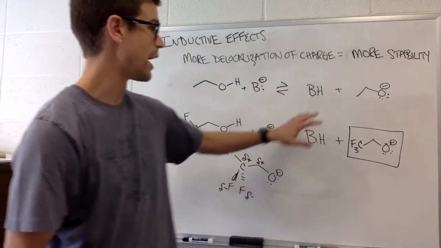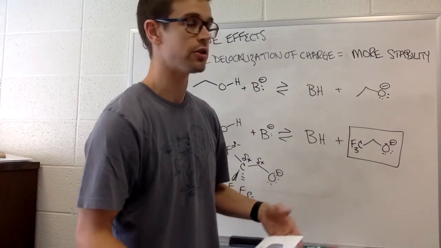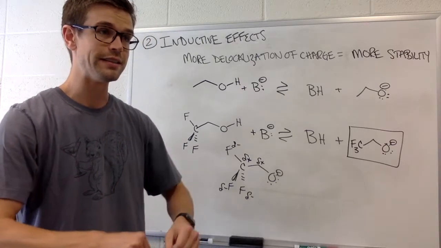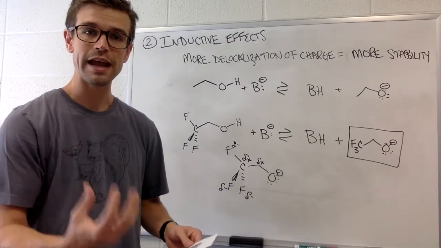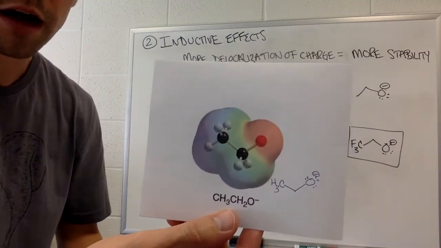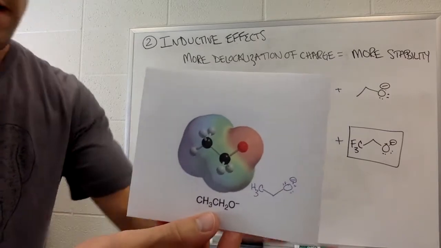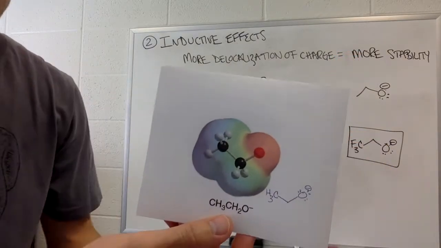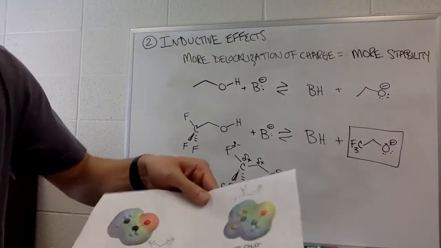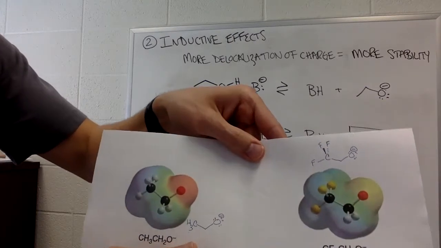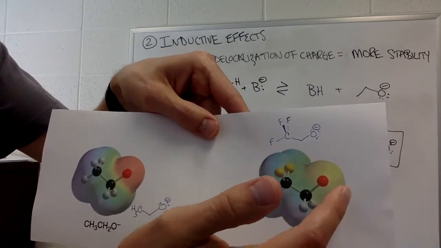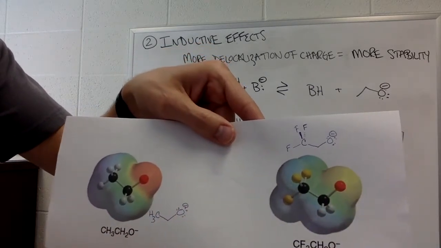If we look at ethanol, the computational data, and you do an electrostatic potential map, it spits out a structure that makes the most negative part of the molecule red, and that's what you see here. So this is ethanol. The oxygen atom is right here, and it's very negatively charged. Trifluoroethanol instead, because of those fluorine atoms that are pulling electron density away from the carbon atoms, you can see that the color around that oxygen is more yellow.